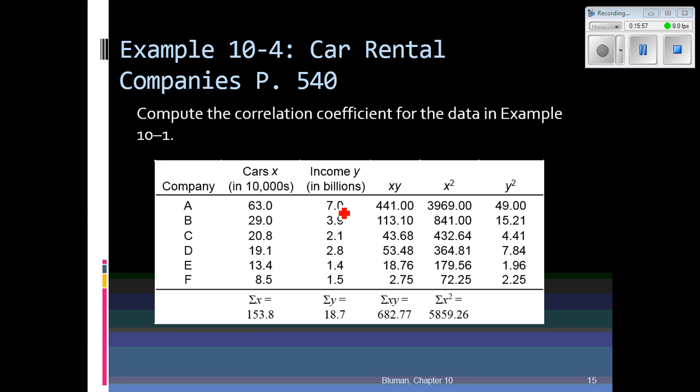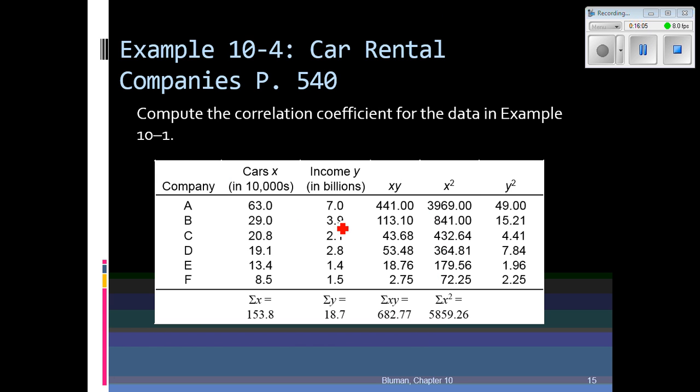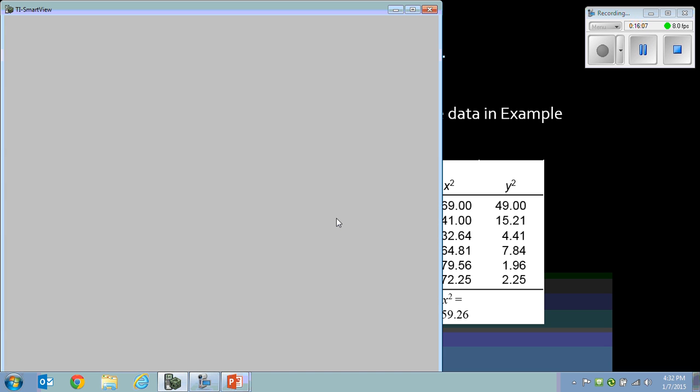And then we go over here. We got 7, 3.9, 2.1, 7, 3.9, 2.1, 2.8, 1.4, 1.5.